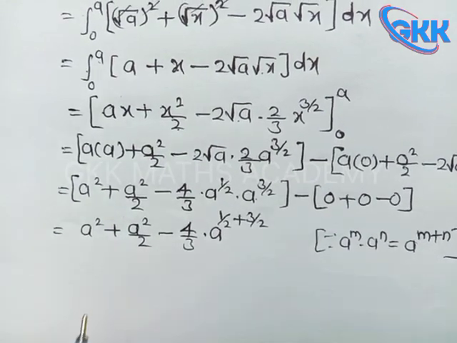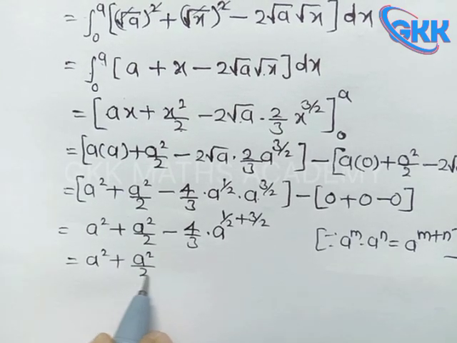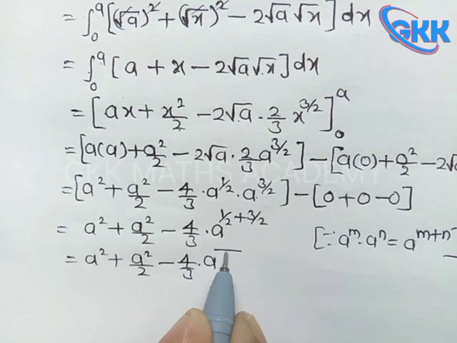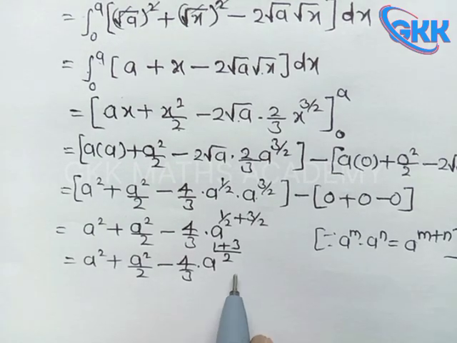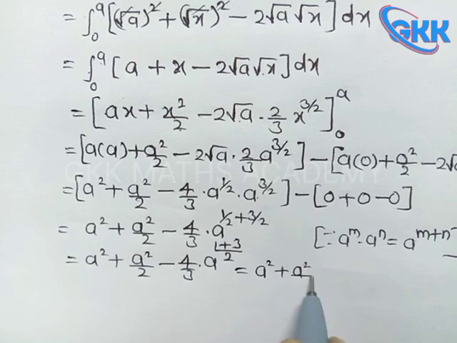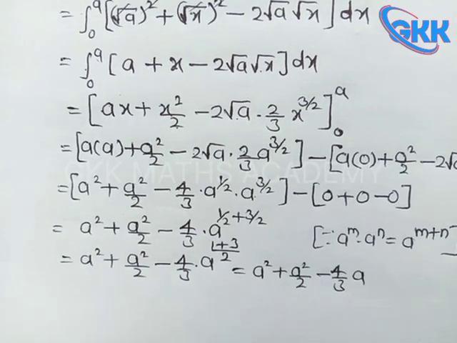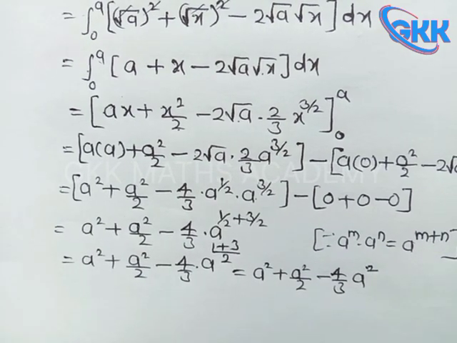Now what will we get here? a square plus a square upon 2 minus 4 upon 3 a power 1 plus 3 upon 2, that is 4 upon 2, which is 2. Clear?